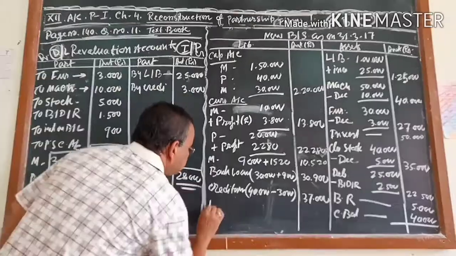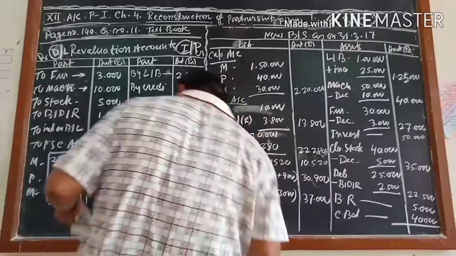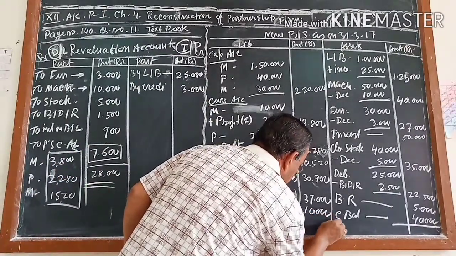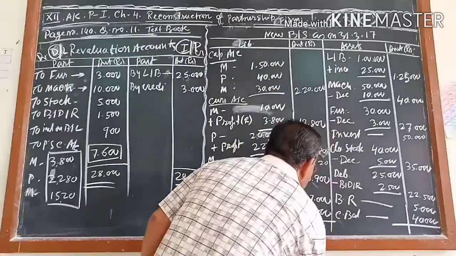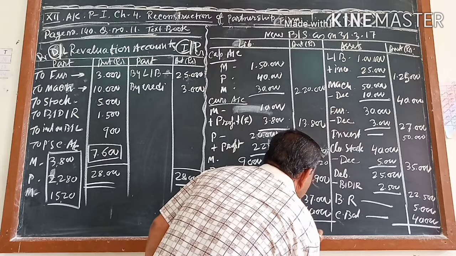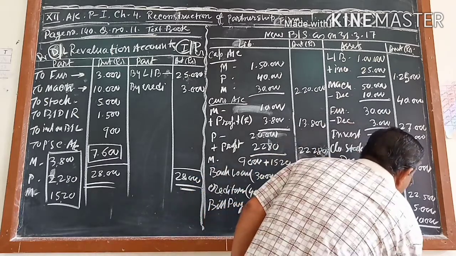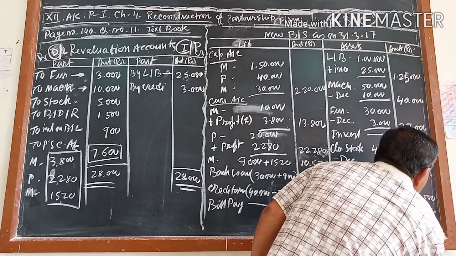Bills payable. How much is it? 10,000. And if you add it, you will get 34,450. 34,450, and there are also 34,450 on the other side.